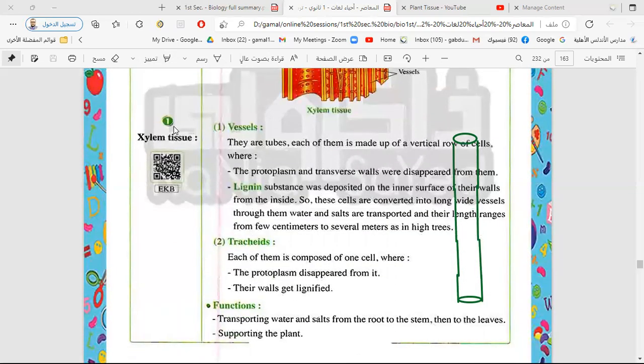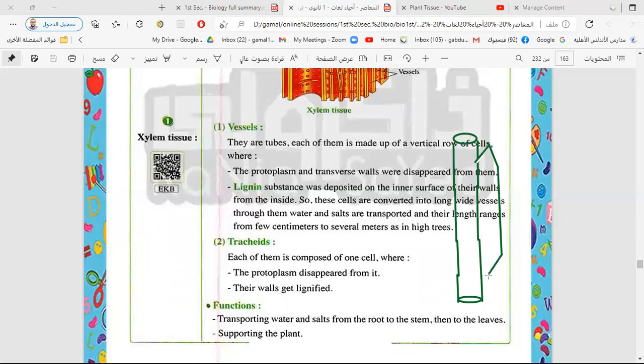This tube is called tracheids. And there is another type of tube which is called vessels. This is the vessel, and there is another one called tracheid. The tracheid has a different shape from the vessel. This one is called vessel. And there is another one which is called tracheid, but the tracheid has a different shape.